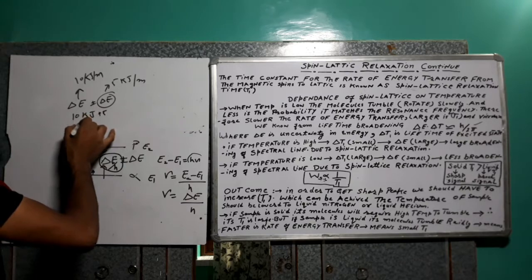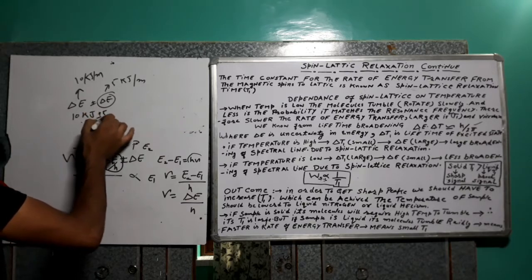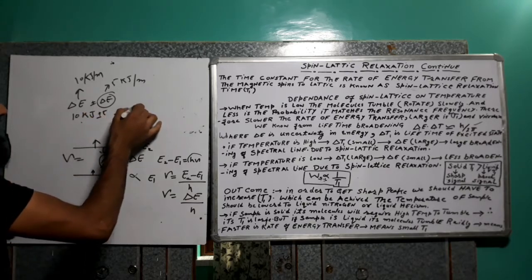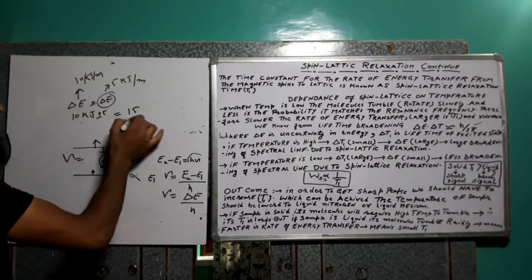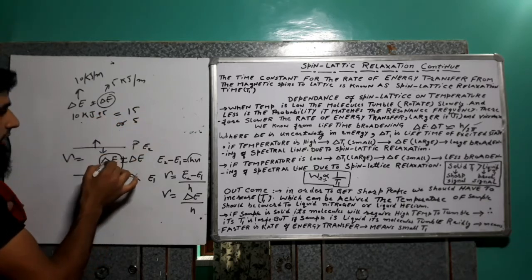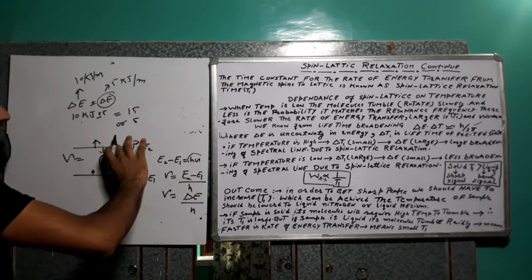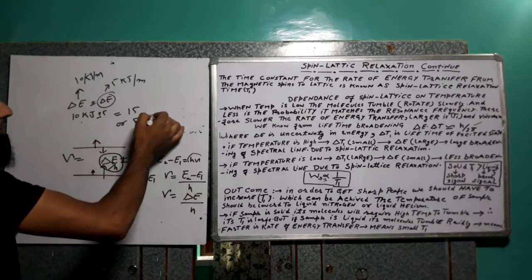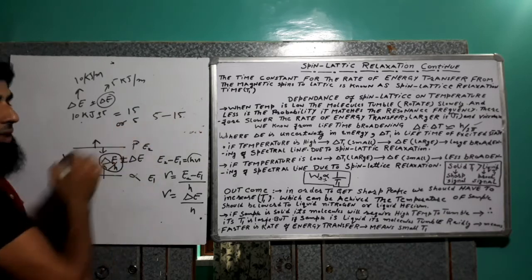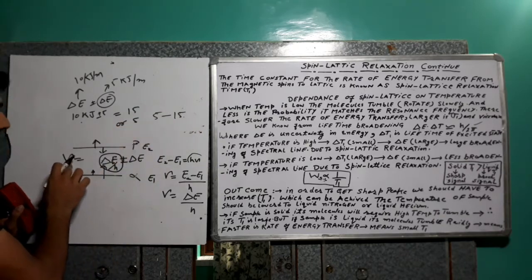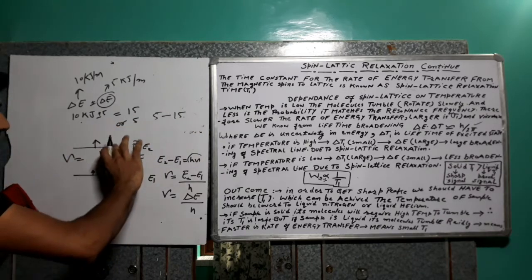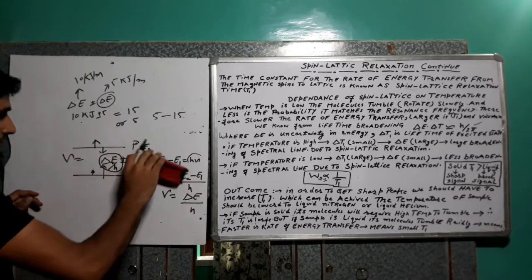That means delta E can be 15, or it can be 5. That means the energy difference between the two energy states can have a value from 5 to 15. Okay.